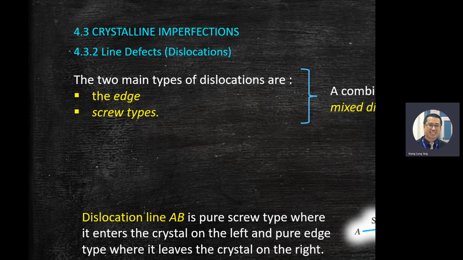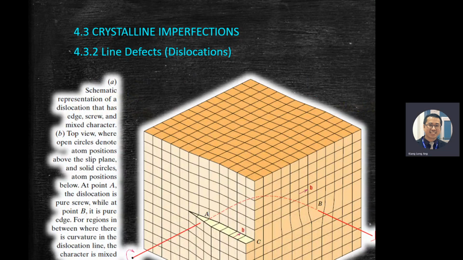The rest you read. This is another three-dimensional diagram for you. So you have mixed dislocation. On the left-hand side is the screw. Right-hand side is the edge dislocation. So the diagram on the left or right here is from the top. So it's being pushed in to the top.